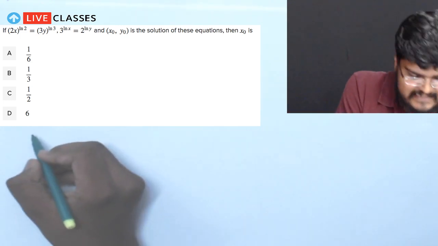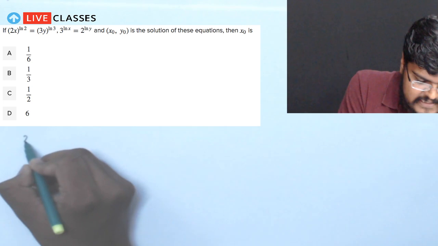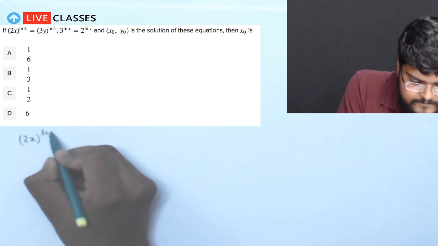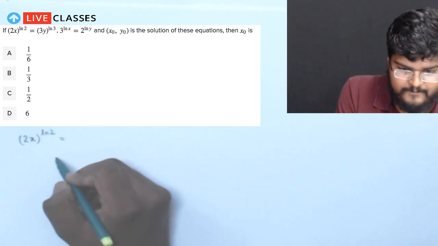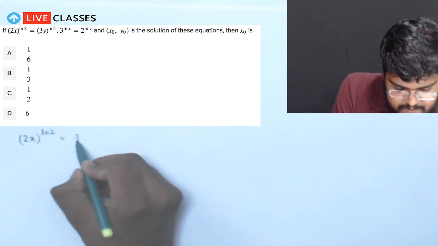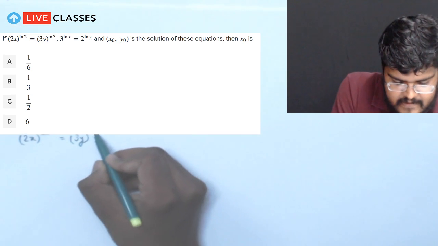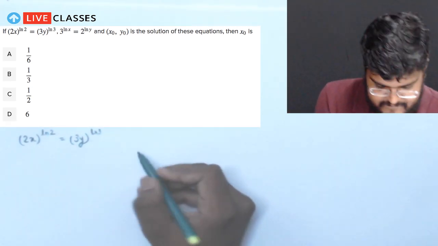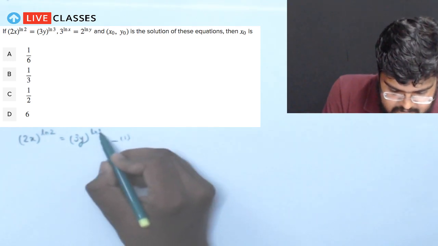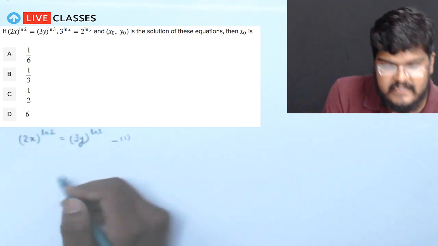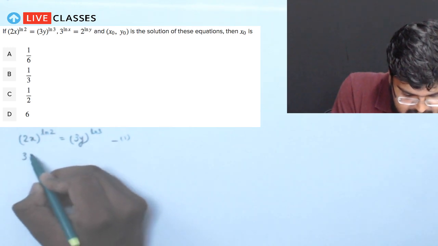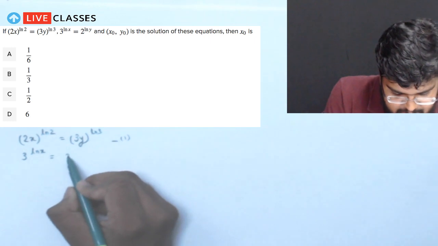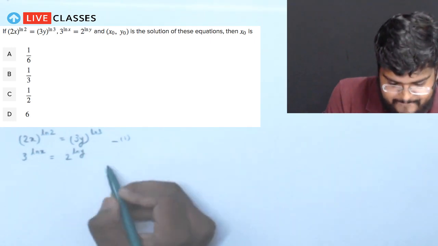I can clearly see that the first thing which is given to us is that 2x raised to the power ln 2 is equal to 3y raised to the power ln 3. So this basically is my first equation, and my second equation is 3 raised to the power ln x is equal to 2 raised to the power ln y.